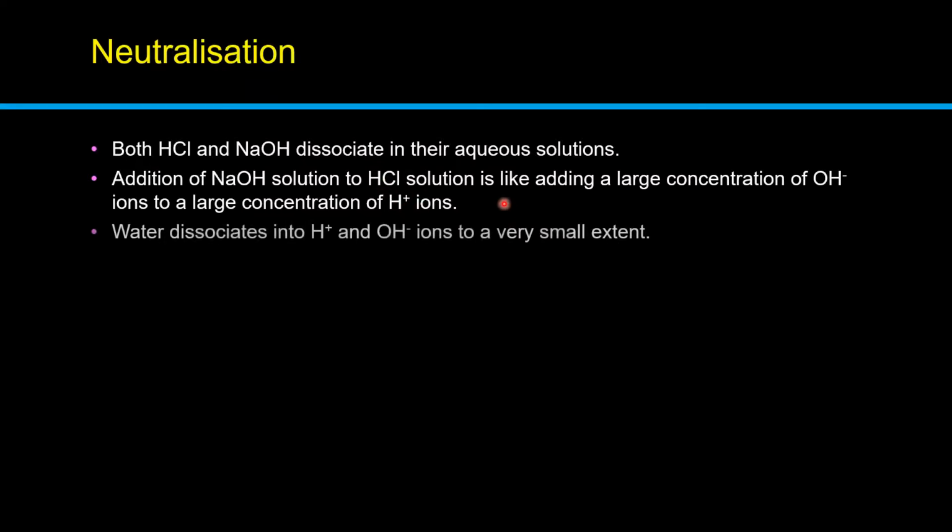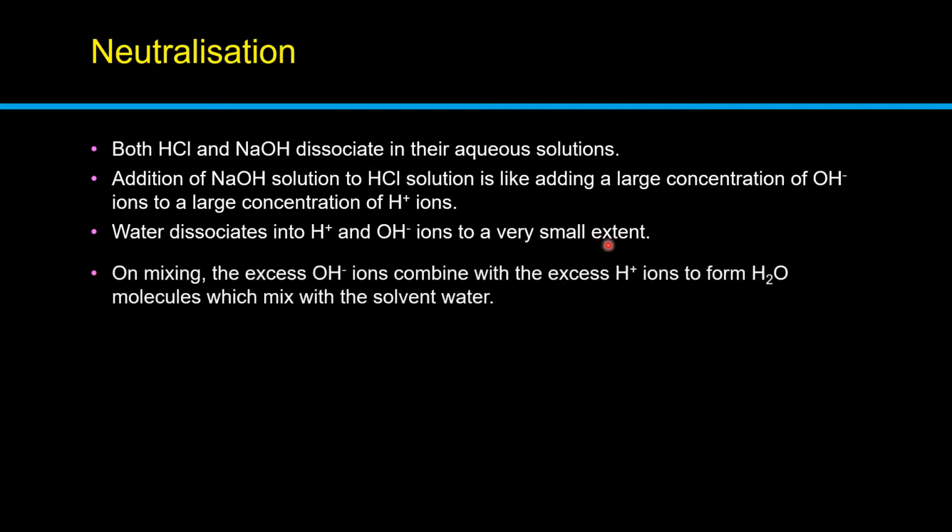Now, water also dissociates into H plus and OH minus ion, but only to a very small extent. So on mixing, the excess OH minus ion will combine with the excess H plus ion to form water. Correct or not?